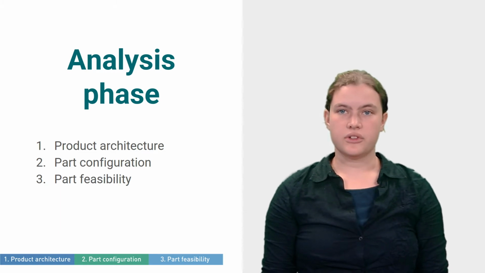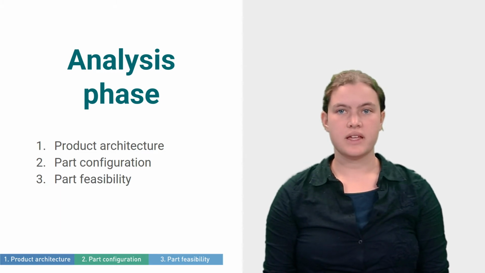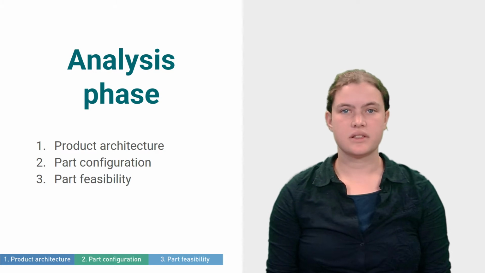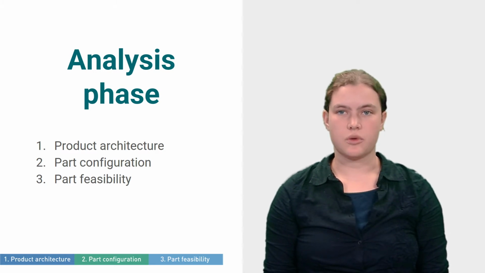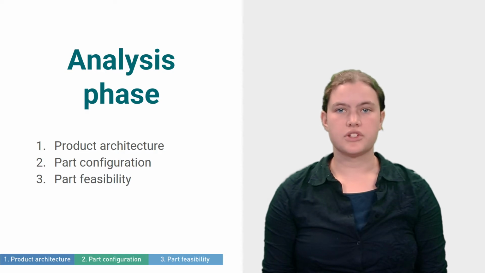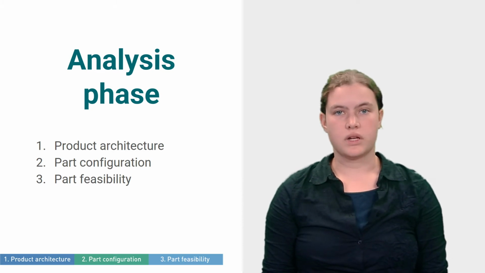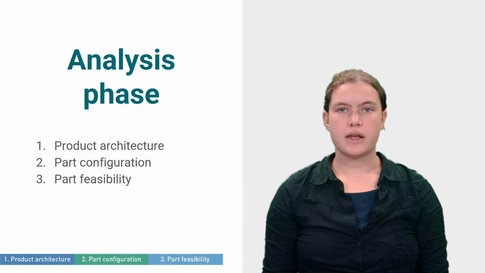Now you have found your broken part and we can go into the analysis phase. We will look at three main topics: product architecture, part configuration, and part feasibility. The product architecture is about how the part relates to the product. What is the function of the part and how does it fit into the product?